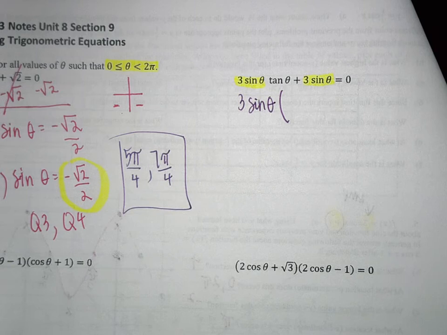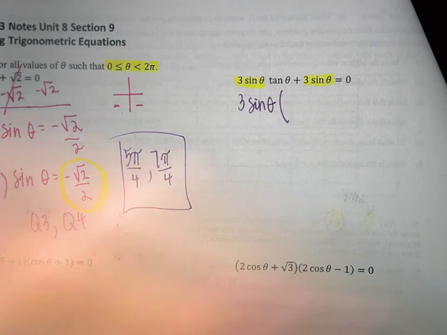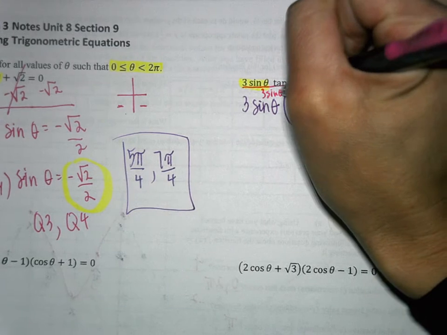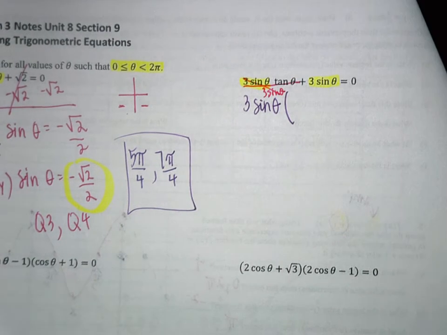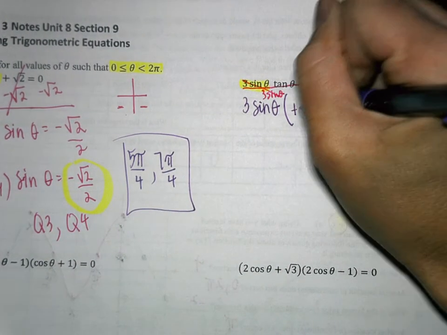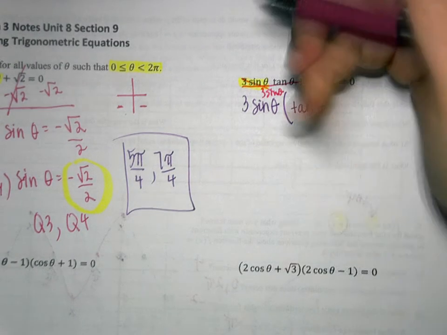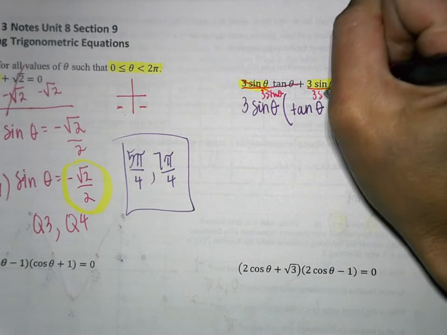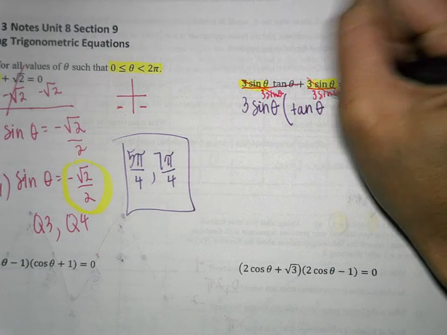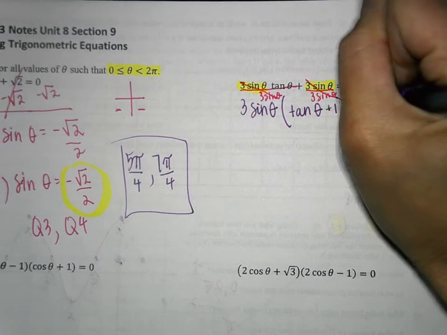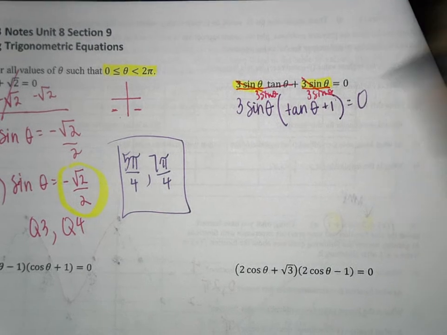So if I take out a 3 sine theta, that means I'm dividing this by 3 sine theta, which means these cancel out, and I'm just left with tangent of theta. And if I divide this by 3 sine of theta, these cancel. And when they cancel, I'm just left with 1.